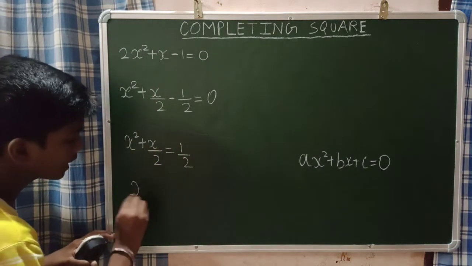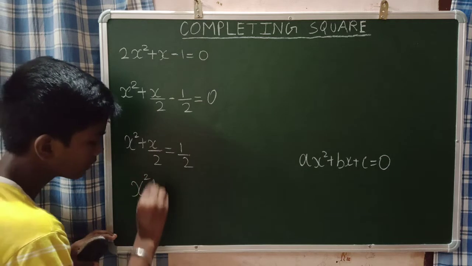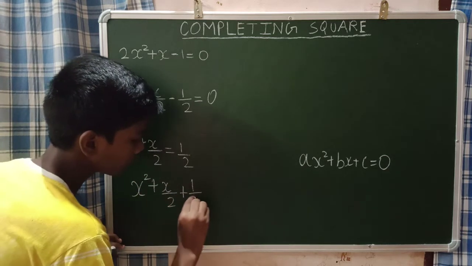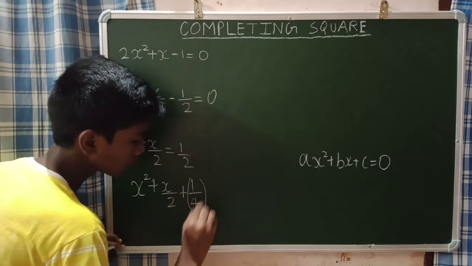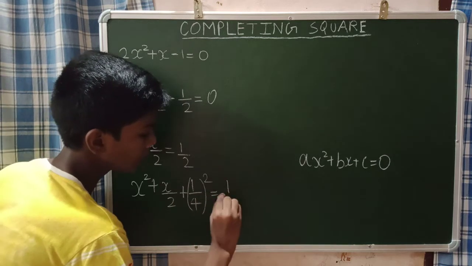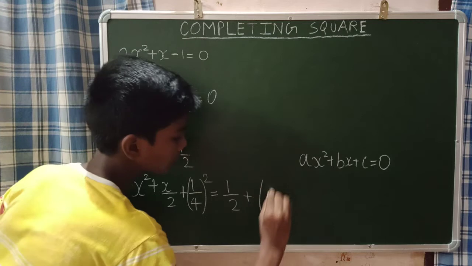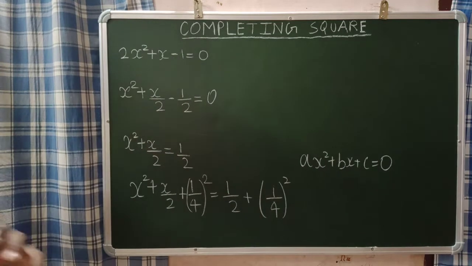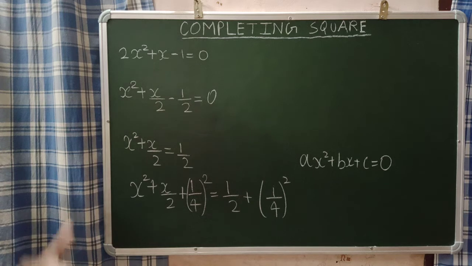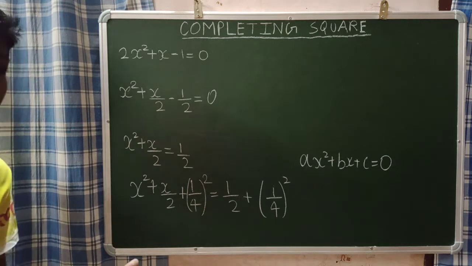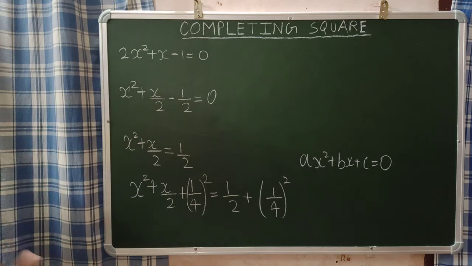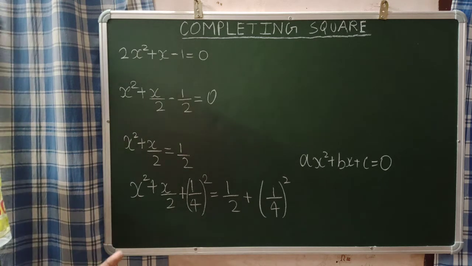When I do that, what you will get is x square plus x by 2 plus (1 by 4) whole square is equal to 1 by 2 plus (1 by 4) whole square. Guys, this step is a very important step because it plays a vital role, and I know you may think it is very difficult, so I will repeat once again.